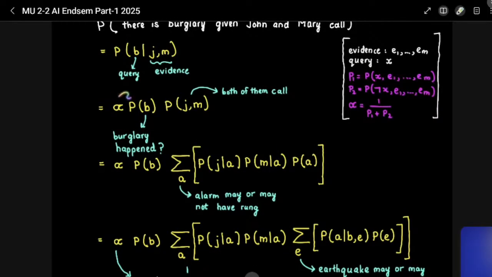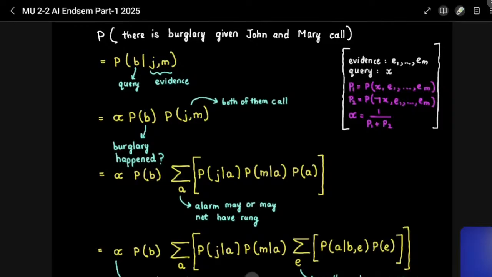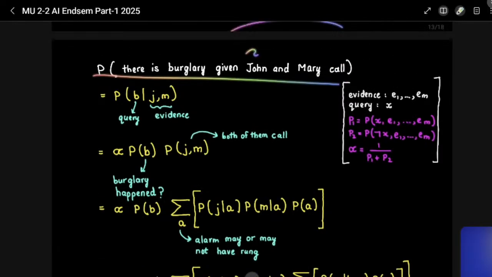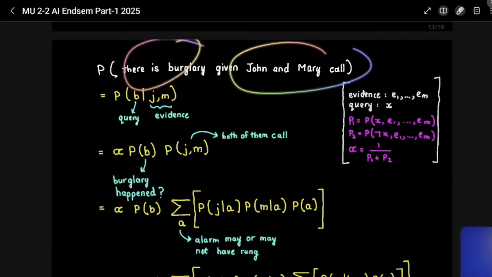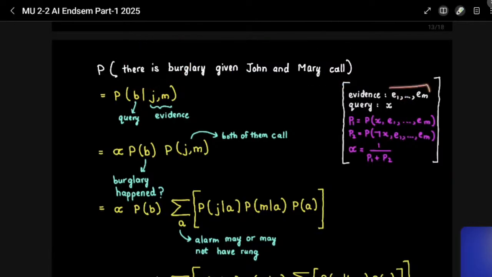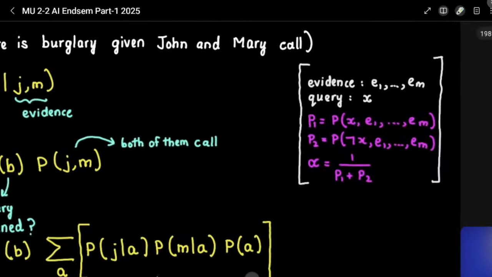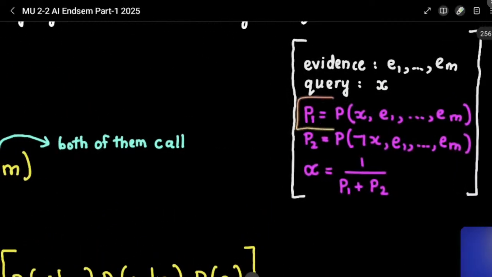Now about this alpha, there's a formula for alpha. This question format is like you have some evidence and there is some query, right? Evidence is John and Mary called. Query is there is a burglary. So let's say you have M evidences and you have one query. So alpha is given by this formula. Let's say P1 is nothing but the probability of the query and all the evidences. P2 is nothing but not of the query and all the evidences.